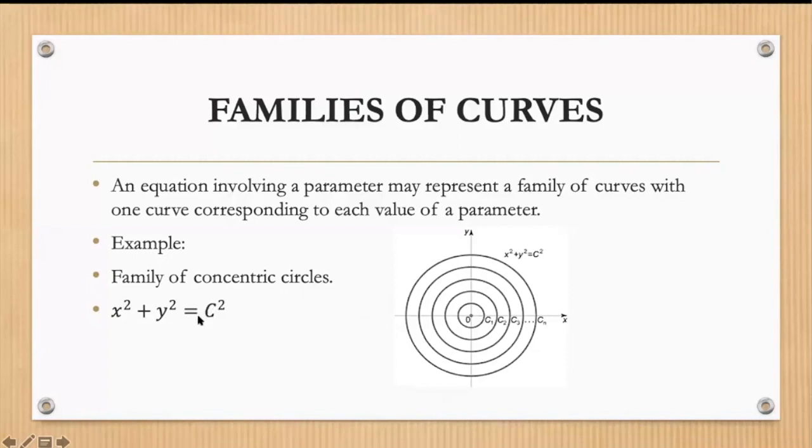So ibig sabihin nito, yung bawat value ni c or ng radius represents one circle. Kasi nga, family of circles or lahat ng circles na yung center ay nasa origin. So ibig sabihin, yung parameter doon is the radius, kasi magkakaiba yung mga size ng mga circle na yan. Okay, may maliit, may malaki, palaki ng palaki.